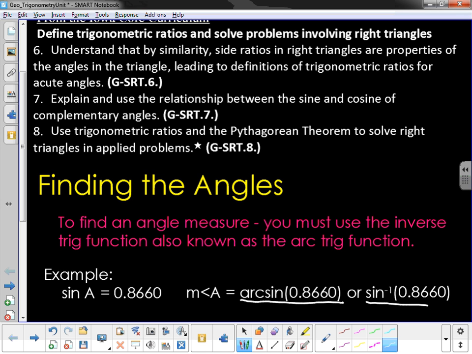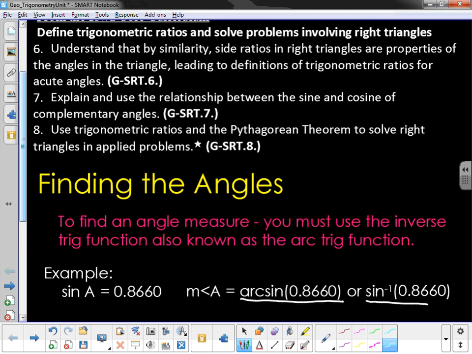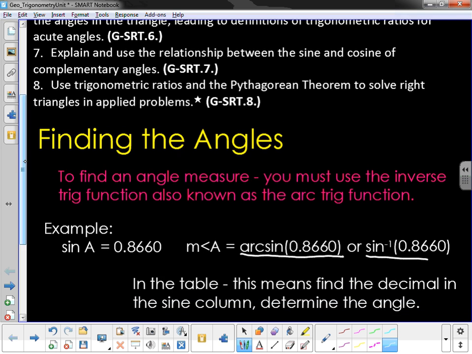On the calculator, you're probably looking at the arc sine, which is the inverse sine. I gave you a table with all those values in it. I would go down the sine column, find that decimal, and write down what the angle is.